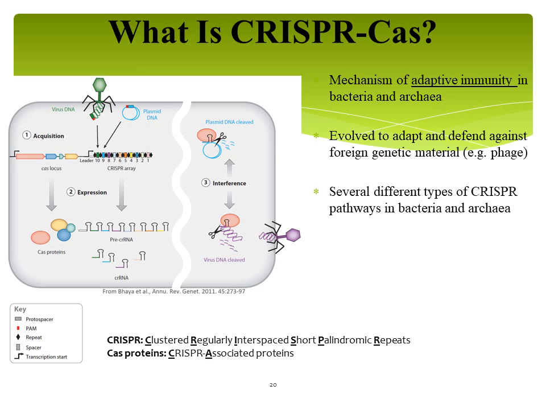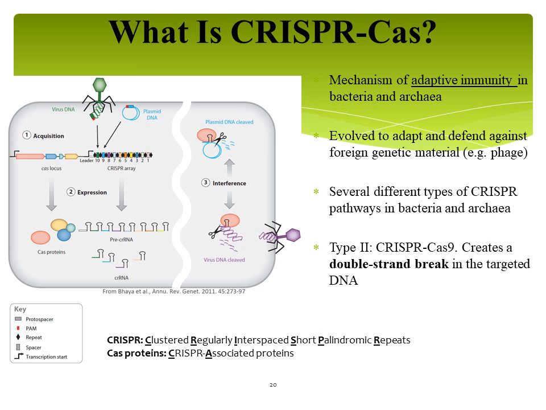Several different CRISPR pathways were discovered, but type 2 CRISPR, named CRISPR-Cas9, creates a double-strand break in the target.